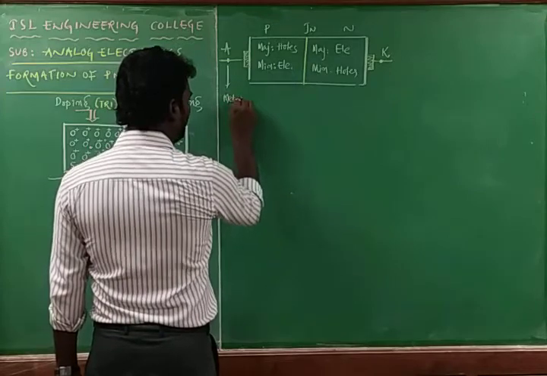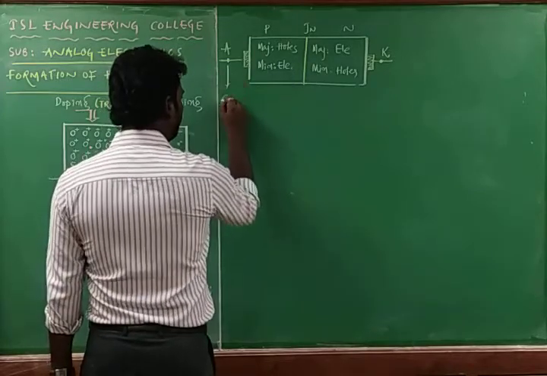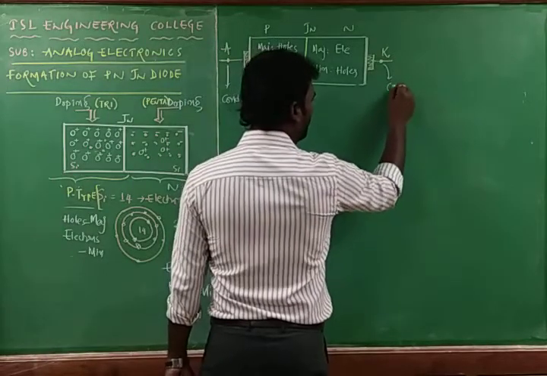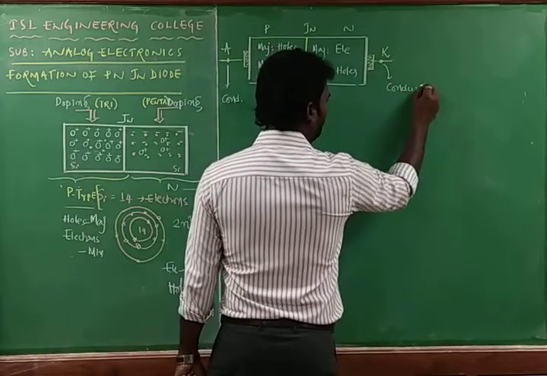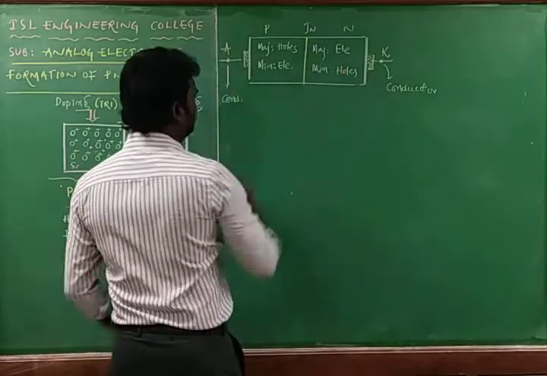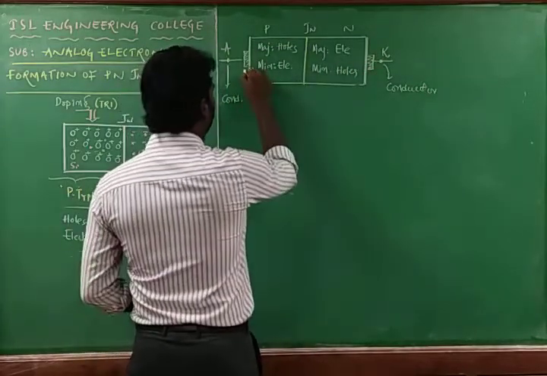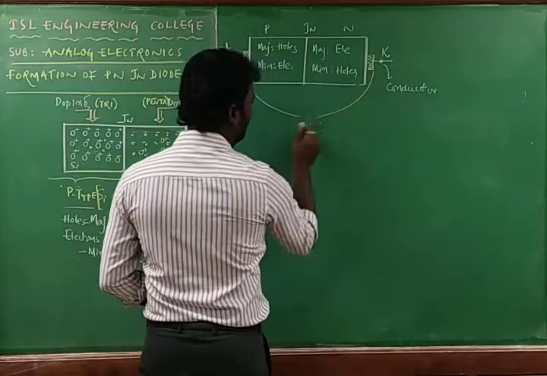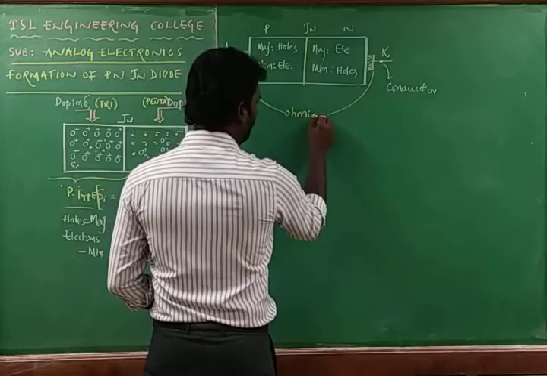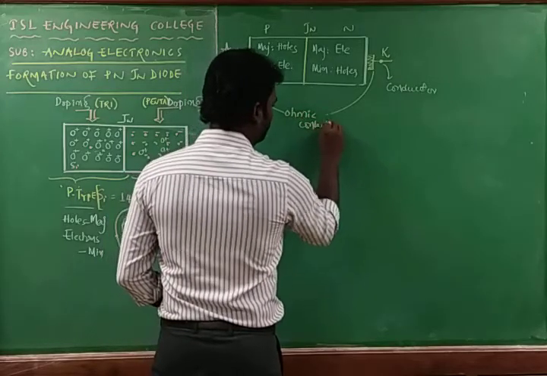Metal is nothing but a conductor, and we are connecting the conductor to the semiconductor. These two contacts are named ohmic contacts.